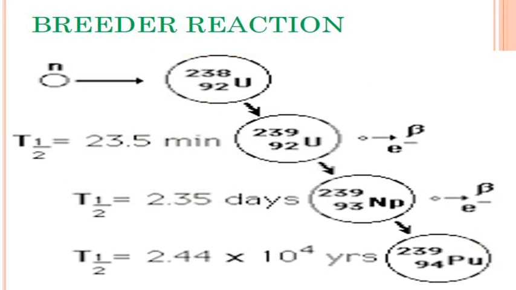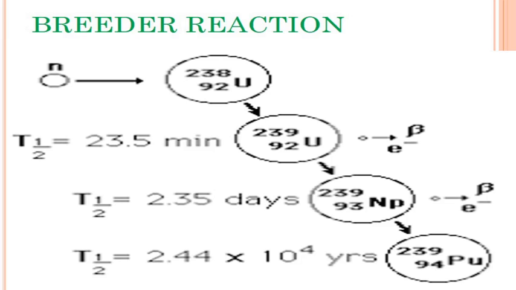So let's have a look at what we have said. A fast neutron is bombarded on uranium-92-238, which is non-fissionable. On capturing the fast neutron, it becomes uranium-92-239, isn't it?